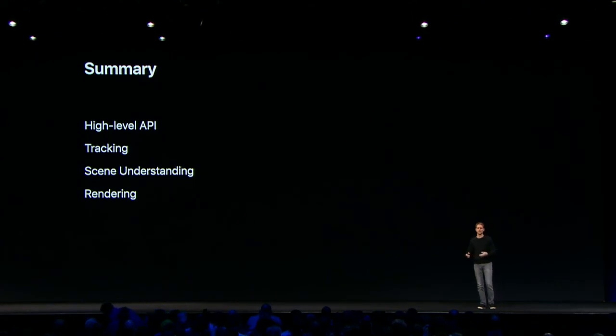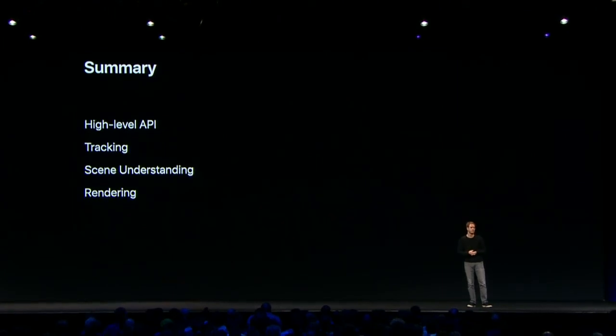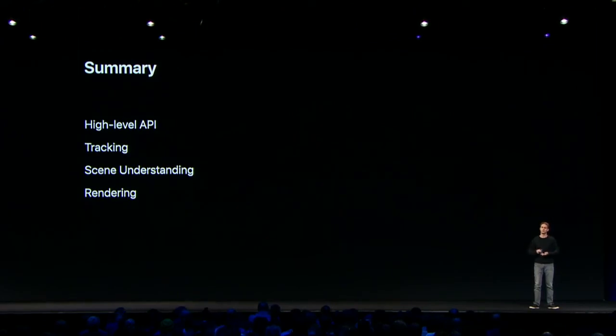Scene understanding provides you with plane detection as well as the ability to hit test the real world in order to find 3D coordinates and place objects there. And in order to improve the realism of our augmented content, we're providing you with a light estimate based on the camera image. We provide custom integration into SceneKit and SpriteKit, as well as a template for metal if you want to get started integrating ARKit into your own rendering engine.